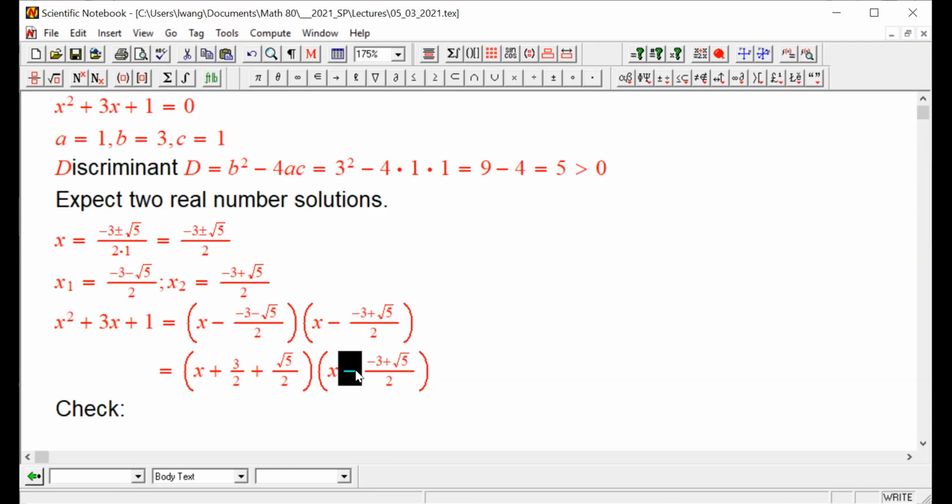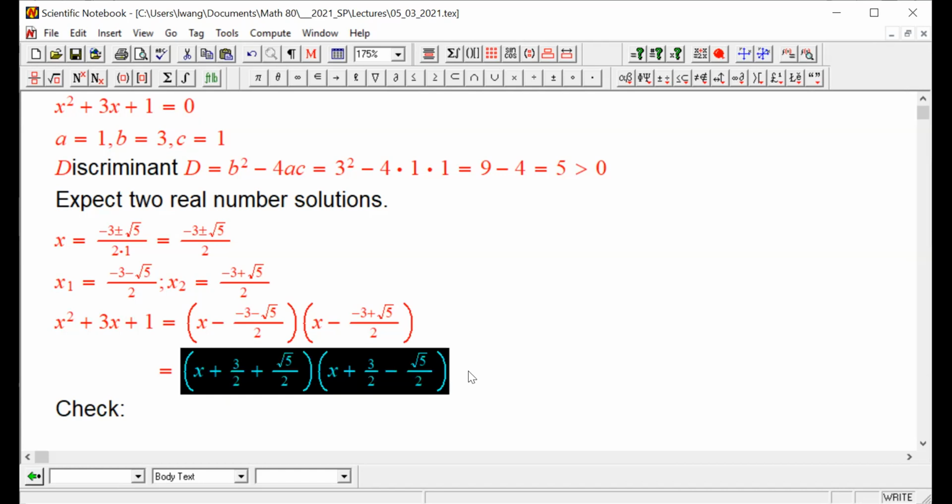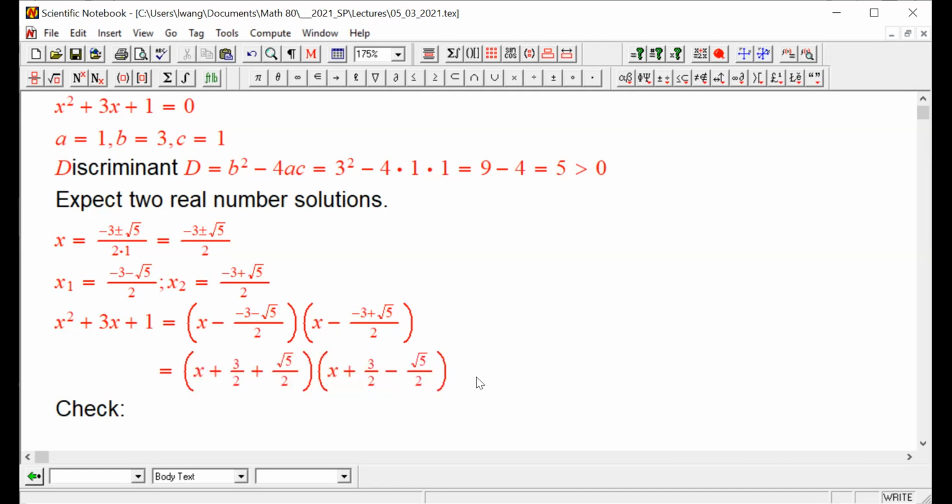Then when we distribute this negative sign, once again we're getting plus 3/2 minus the square root of 5 divided by 2. So we can stop here.